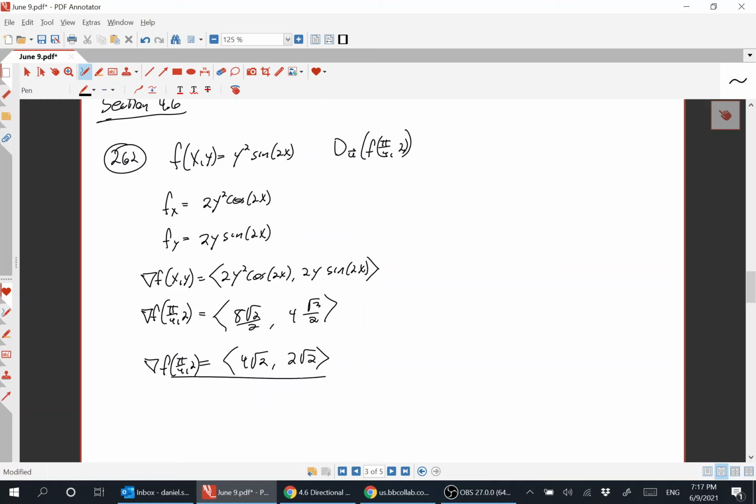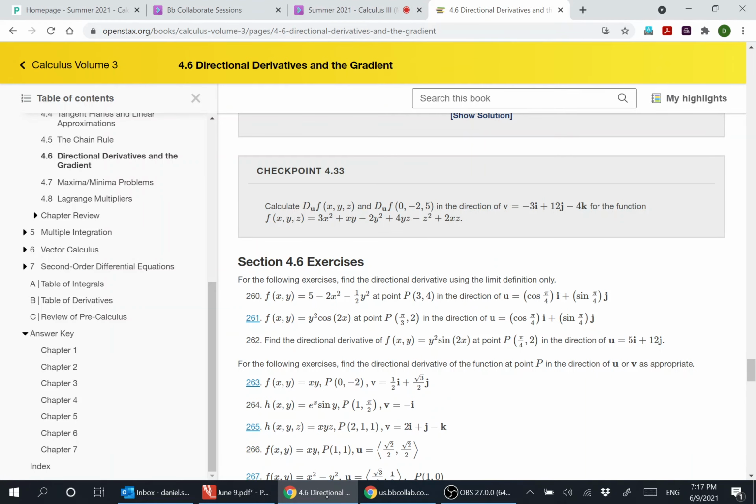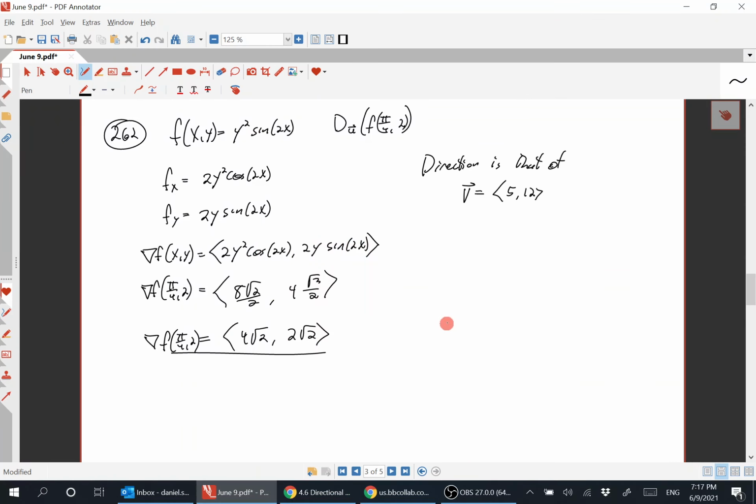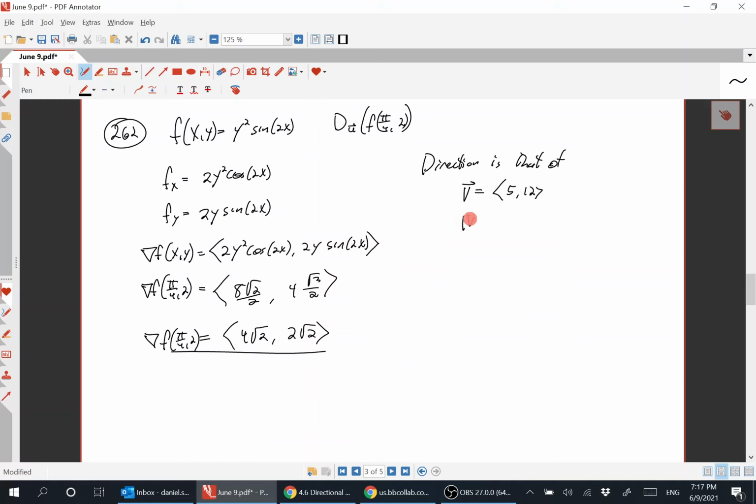The direction for the directional derivative is that of the vector 5i plus 12j, right? But we need a unit vector. We don't want the direction vector to be anything other than a unit vector.